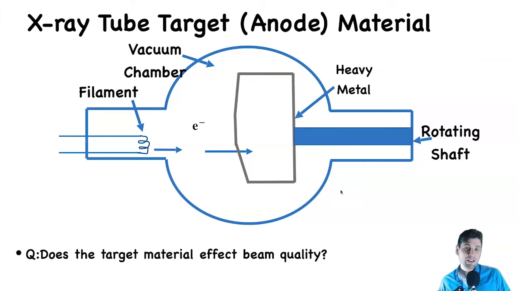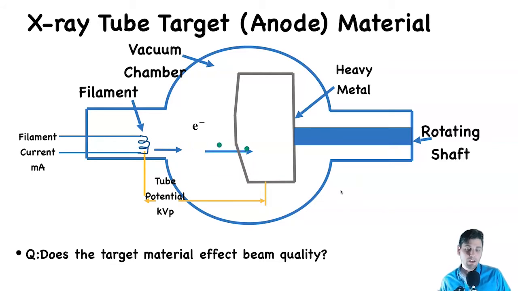Next, X-ray tube and target material. So again, does the target material affect the beam quality? You've seen this little animation before. The idea is that the electrons come in, they interact, either via Bremsstrahlung or characteristic interaction, and then they come out of that material.